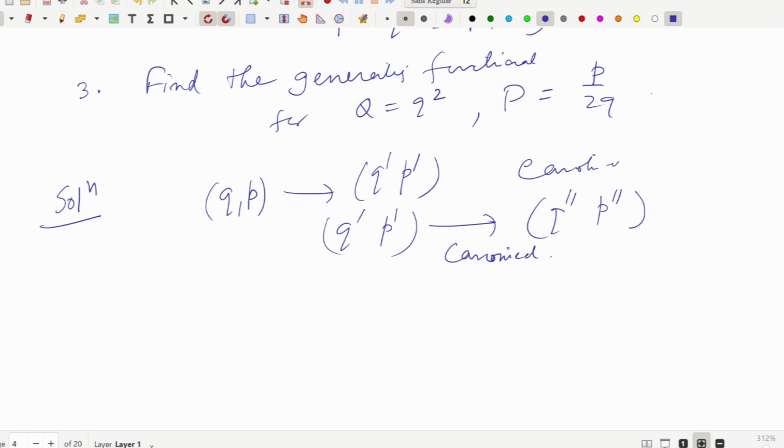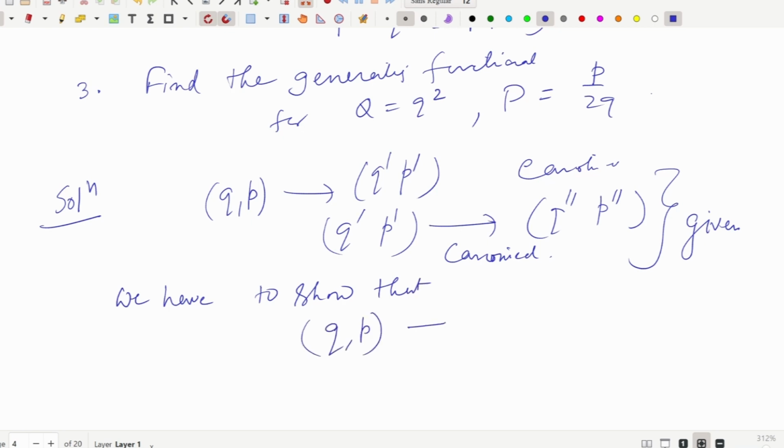Then in this problem, this is given, and we have to show that the transformation from (q, p) directly to (Q'', P'') is canonical.